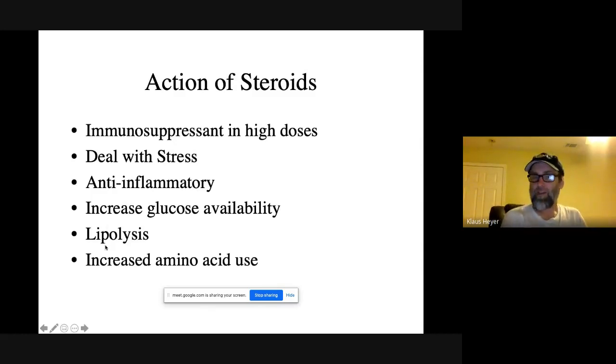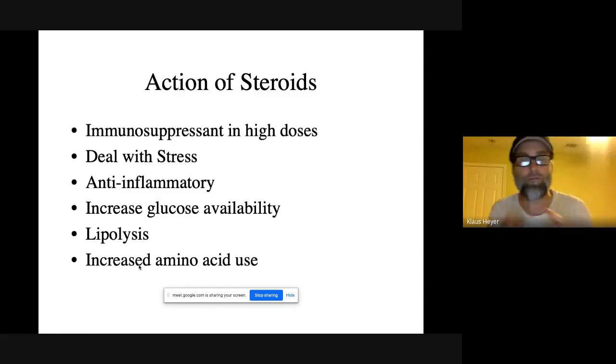Let's talk about these bottom three things. These bottom three things are common to a few different hormones. They're common to steroids. They're common to growth hormone. They're common to thyroid hormones, which regulate your metabolism. Let's take the bottom one, increased amino acid use.